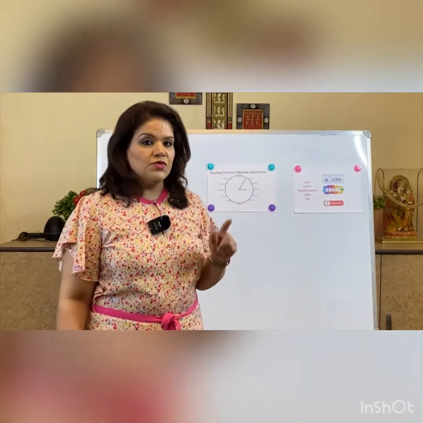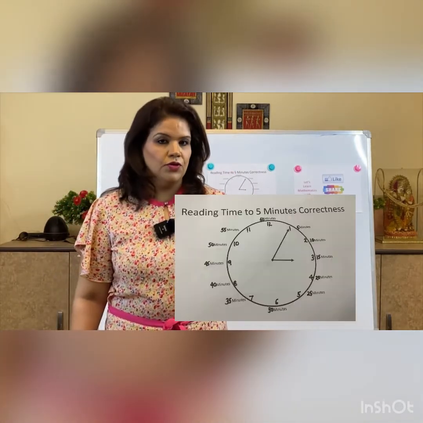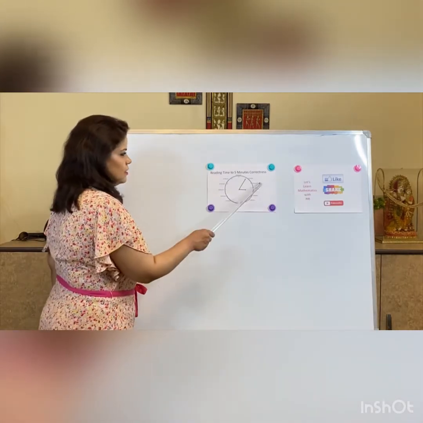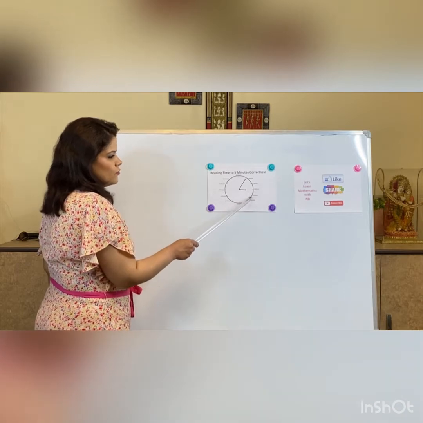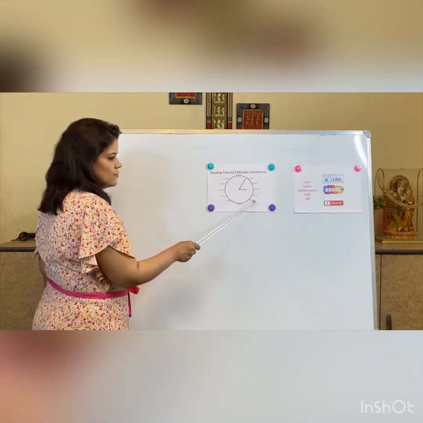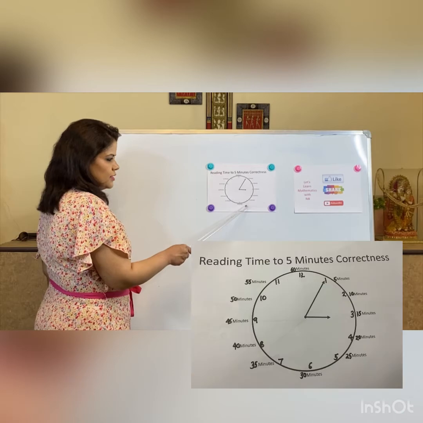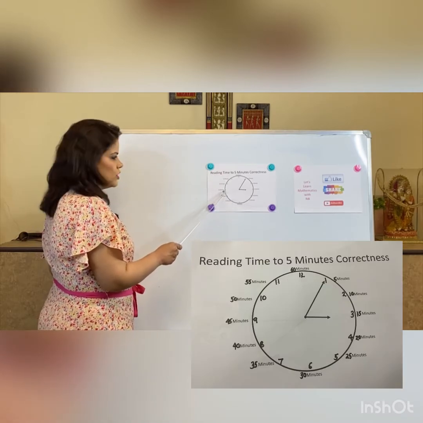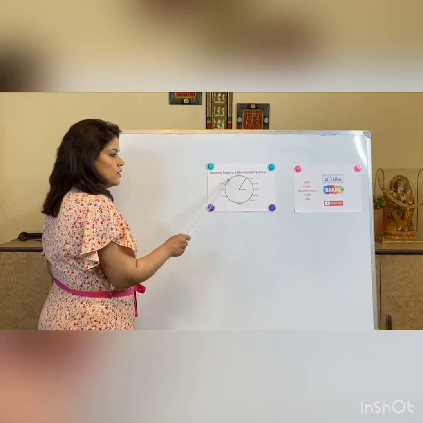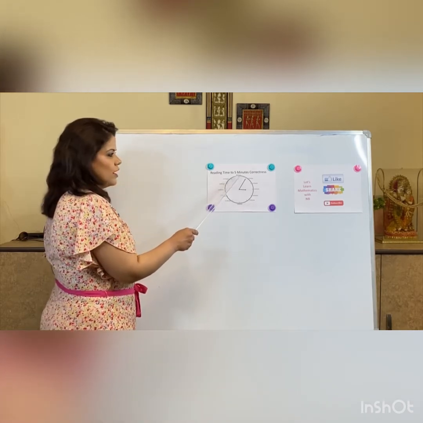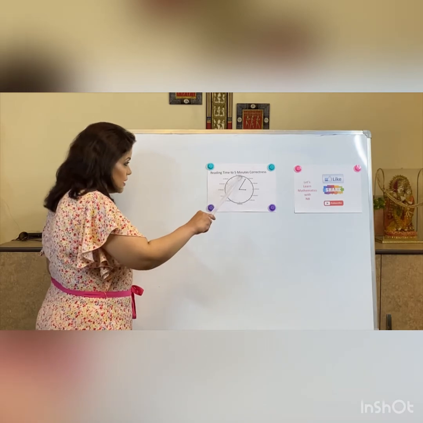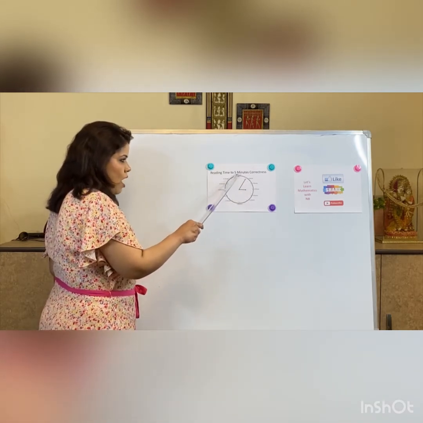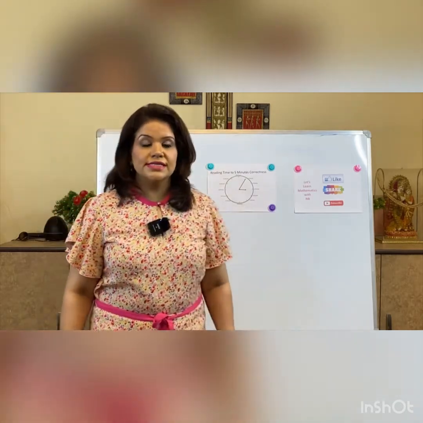As we have done the table of 5: 5 ones are 5, 5 twos are 10, 5 threes are 15, 5 fours are 20, 5 fives are 25, 5 sixes are 30, 5 sevens are 35, 5 eights are 40, 5 nines are 45, 5 tens are 50, 5 elevens are 55 and 5 twelves are 60. That means this way the minute hand will complete 1 hour, which is equal to 60 minutes.